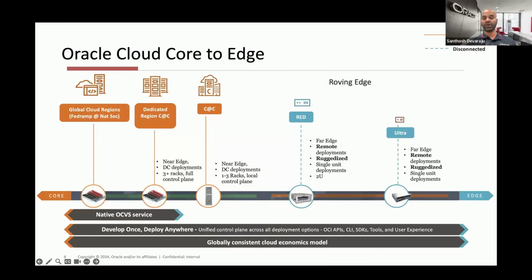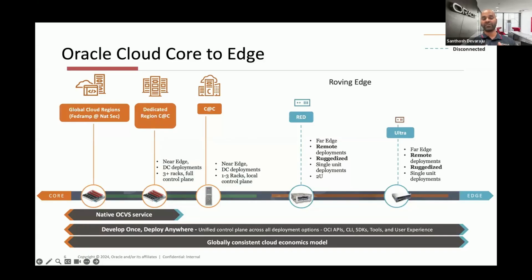So you have around 200-plus capabilities which you can use in any of the public cloud regions. However, there is increasing demand from enterprise customers who want to bring those 200-plus capabilities on-premises. That's where we have the distributed cloud solution.